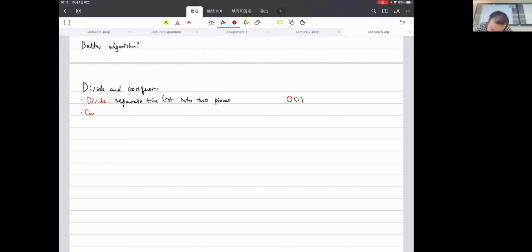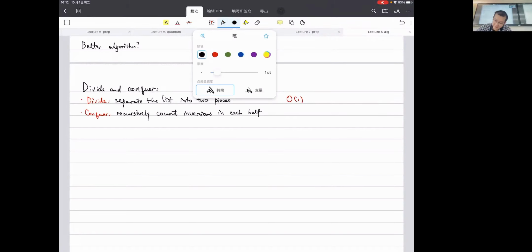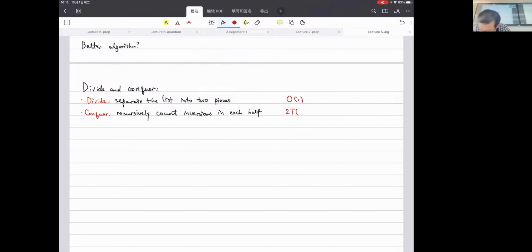And then it is the conquer part. For the conquer part, we just recursively count inversions in each half. The cost of this step is 2 times T of n over 2.